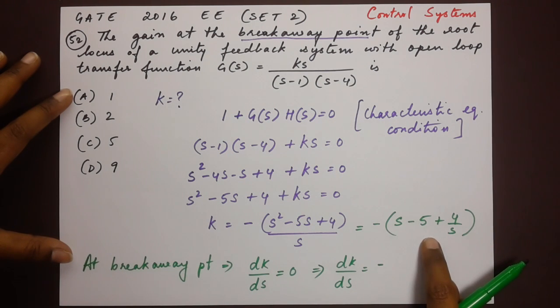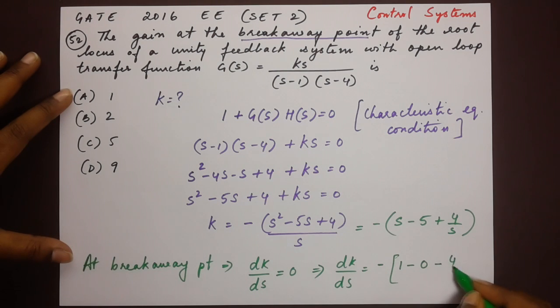Now let's differentiate this here. So we get 1 - 0 - 4/s² equal to 0. So now let's equate this to 0 and find out the value of s here.